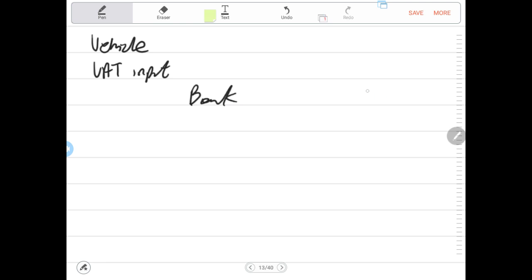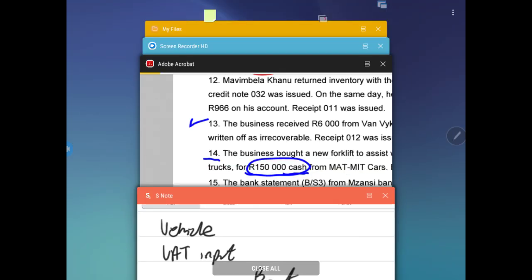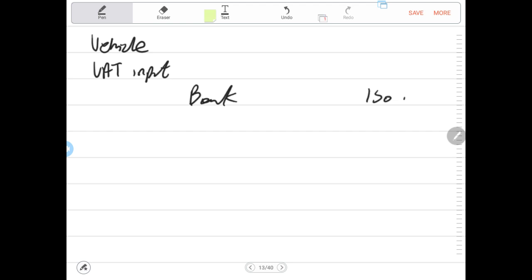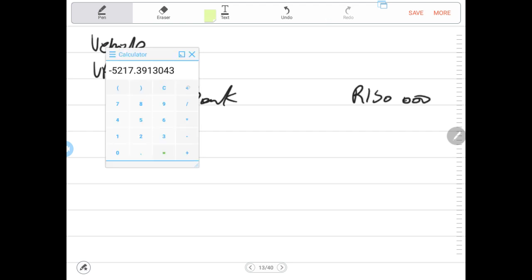And this is, just to verify, 150,000 rands. The 150,000 includes VAT. So we need to know the amount which is 100% before VAT. It will become the cost of the forklift. The cost of this forklift in the cash payment journal then appears as 130,435.